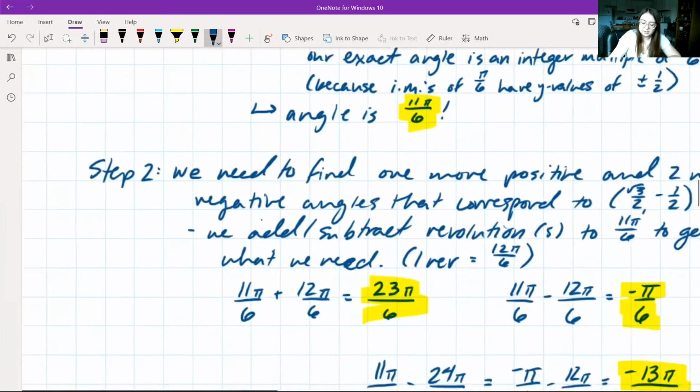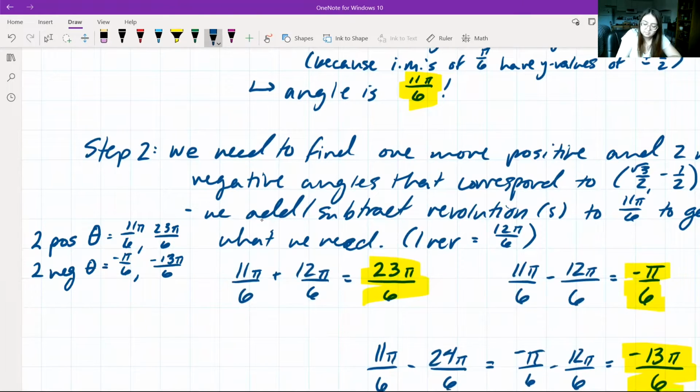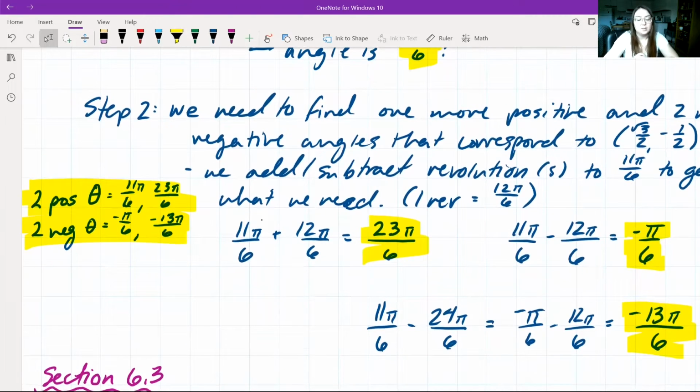We can sum up our answers over here. 2 positive angles theta: 11 pi over 6 and 23 pi over 6. 2 negative angles: negative pi over 6 and negative 13 pi over 6. So there we have it.